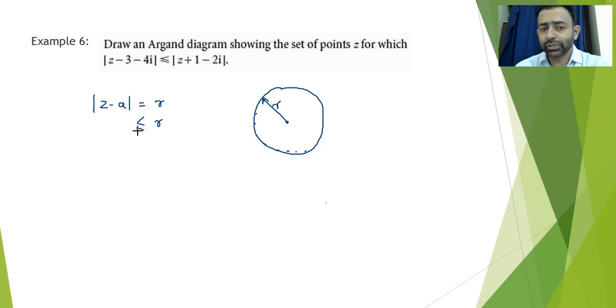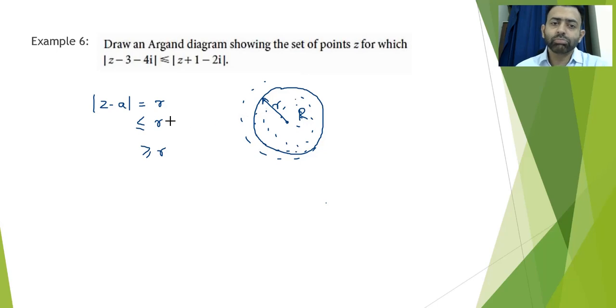This is because of the equality sign, and less than means all the points lying inside this circle. So that represents the region, which you can denote by capital R, such that it represents all the points lying inside and on the circle. Similarly, greater than or equal to r will represent the points which lie outside this circle.